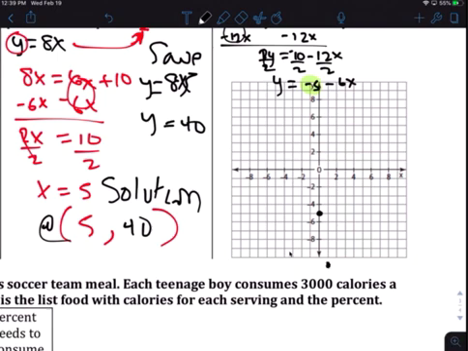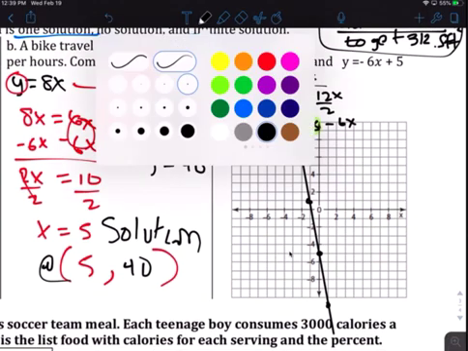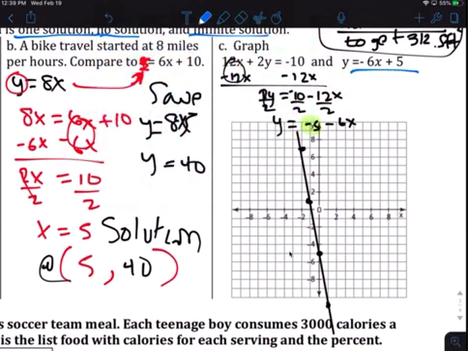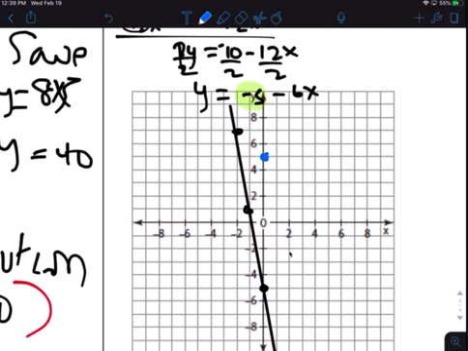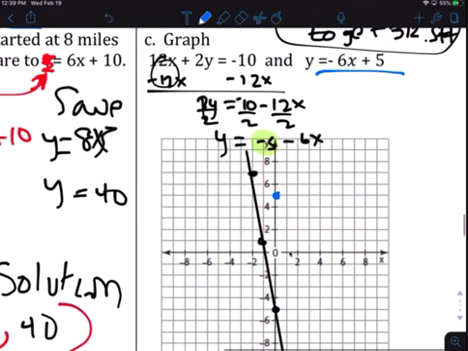Go the other way. That's your graph. And then you do this one here, starting out at 5. Go down 6 over 1.